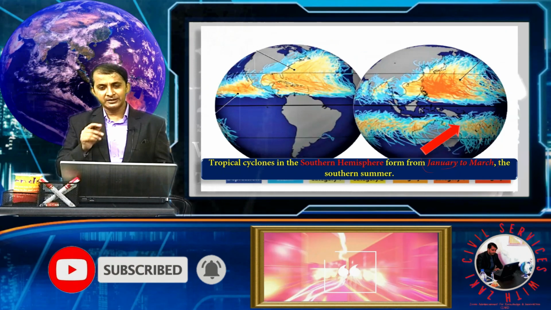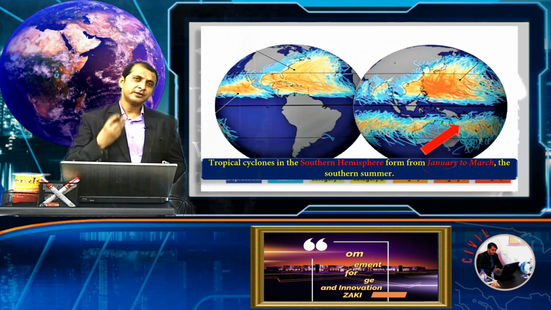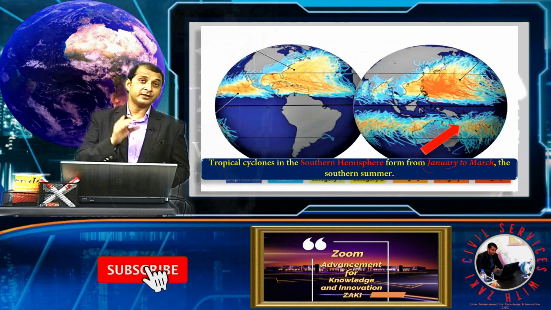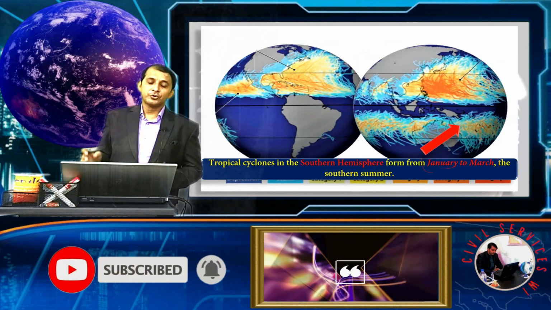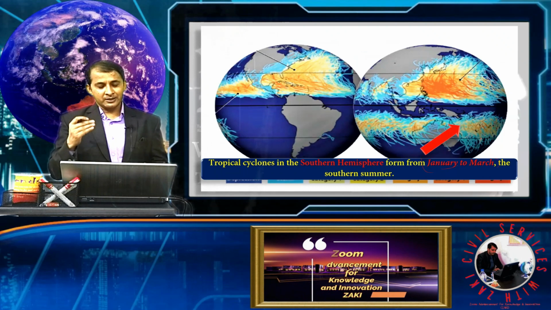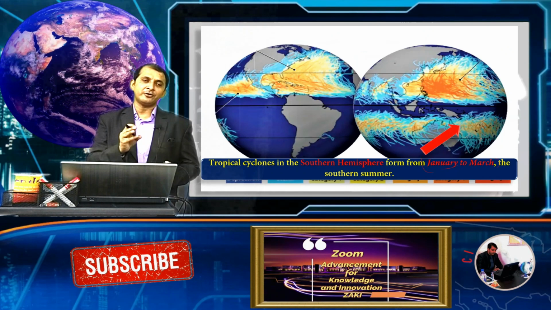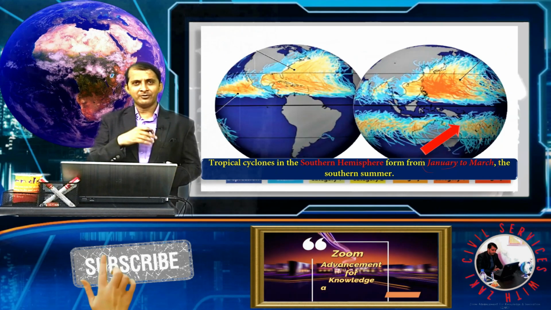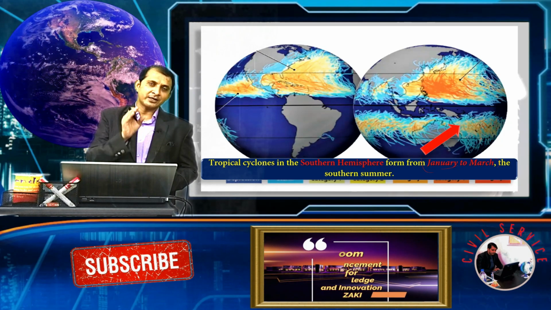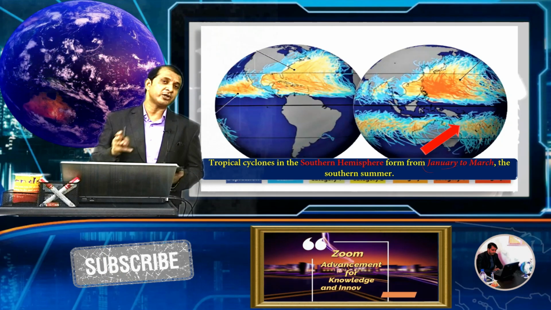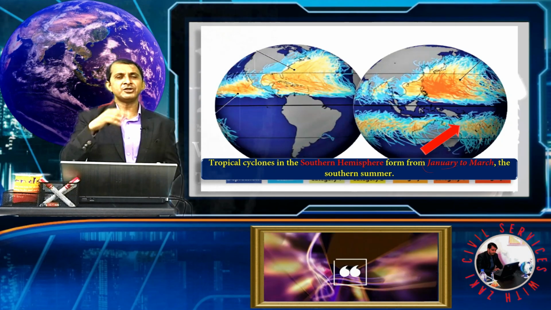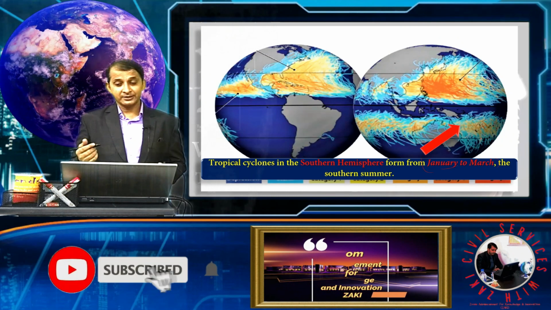So these are all about the tropical cyclone track, eyewall, and so on. Now you know the three conditions needed for the tropical cyclone and how these tropical cyclones form.